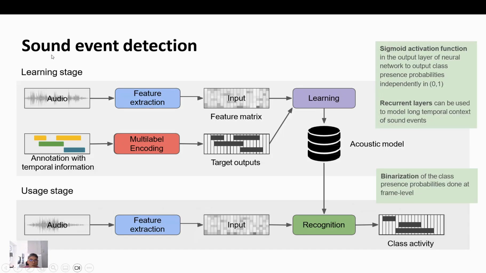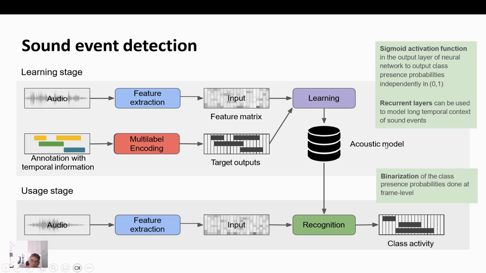So here for sound event detection, we still have the same thing like the learning stage: audio, feature extraction, feature matrix, and go through a machine learning approach. Okay, and then here we have annotation with temporal information. Okay, the onset and offset, start and end time, and go through a multi-label encoding so that the computer will see what type of target output you have, and then we do comparison with the loss function, and get the acoustic model.